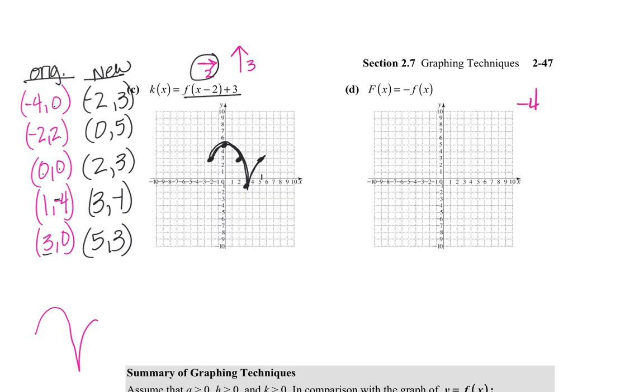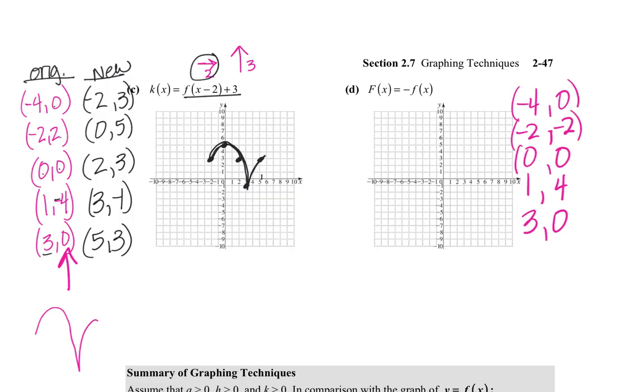So looking at your original points, your x values are going to stay the same. So they're going to stay -4, -2, 0, 1, and 3. And all of your y values here are going to be opposite. So that one's not going to change. That one will be -2, 0 stays 0. -4 becomes +4, and 0 stays 0. 0 is always good. It never changes.